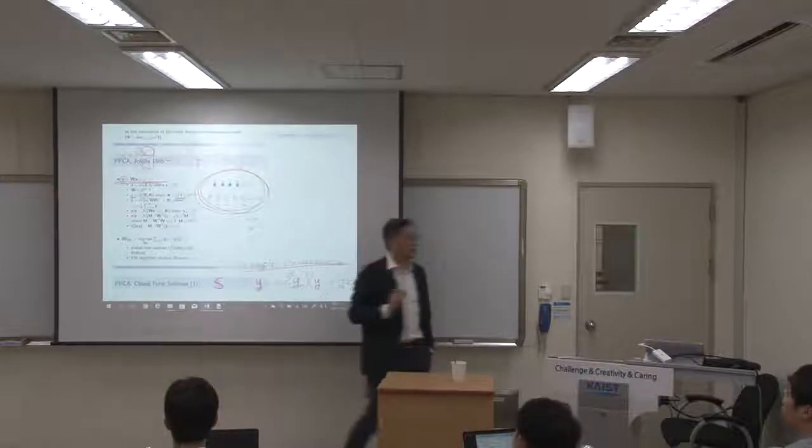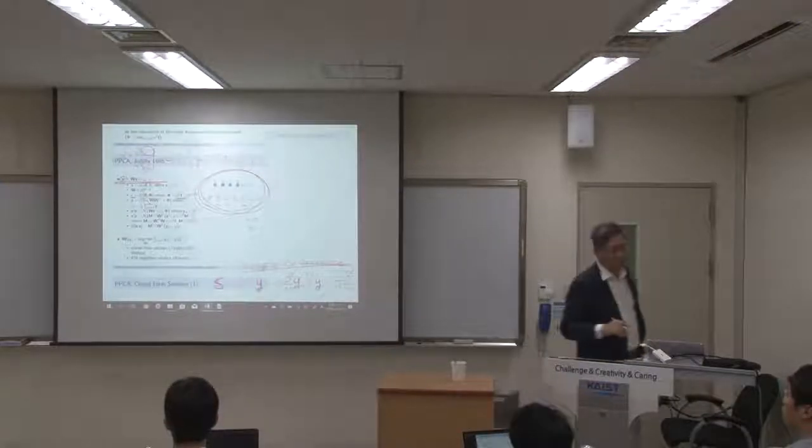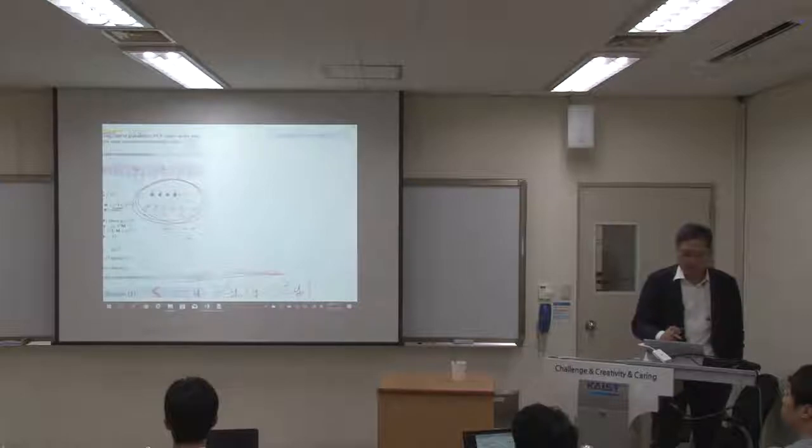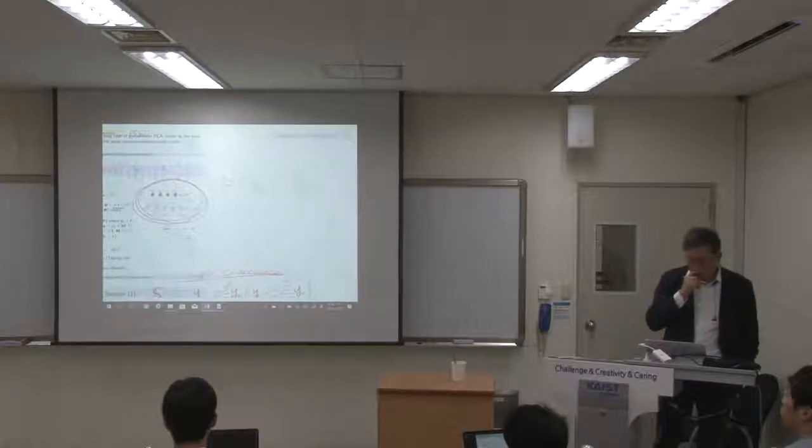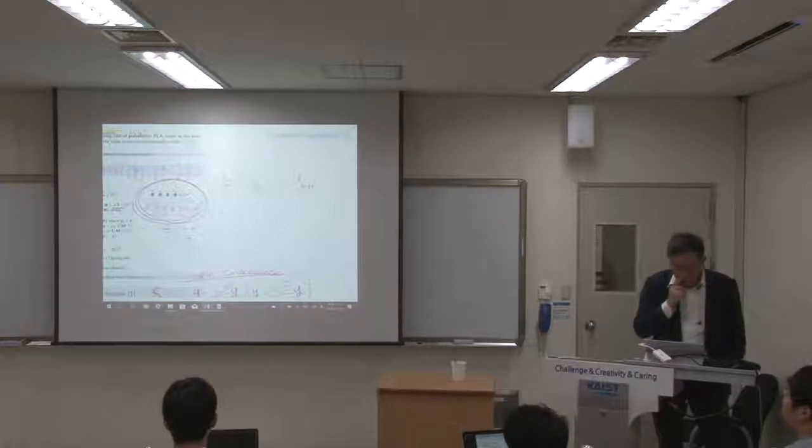And I said something not correct. Someone pointed this out, which was very good. Is it possible that I can write this? They are independent. Oh, the labels are independent.